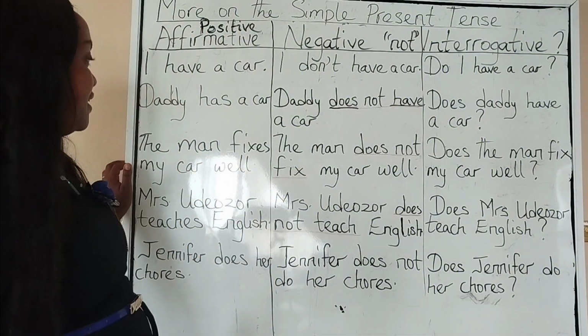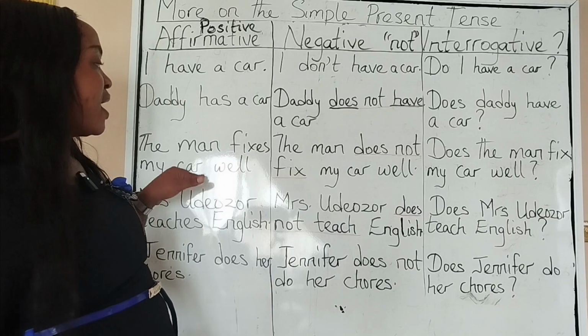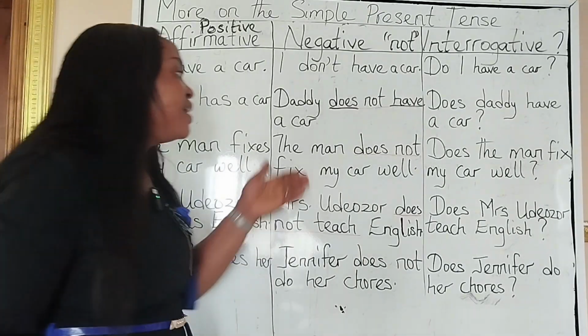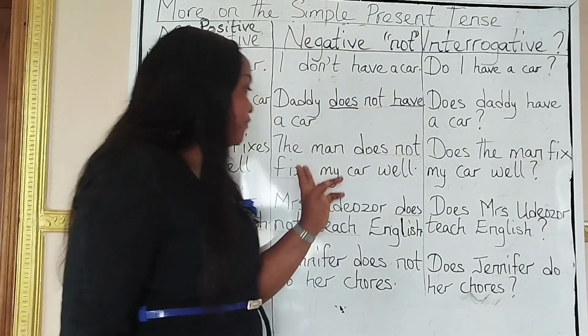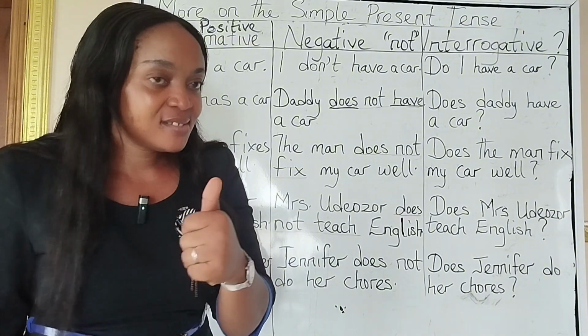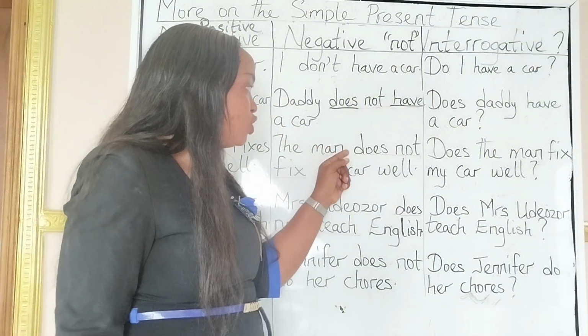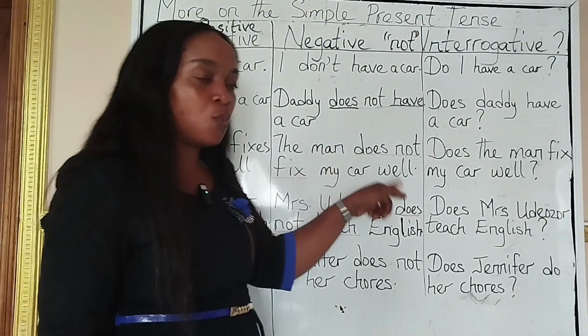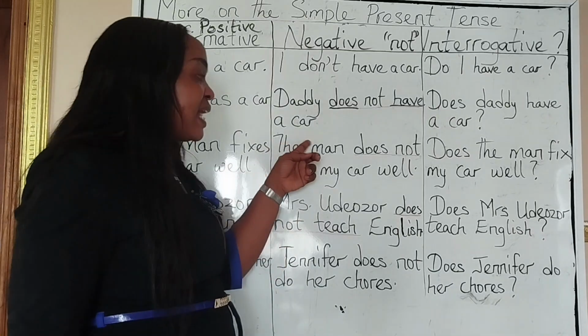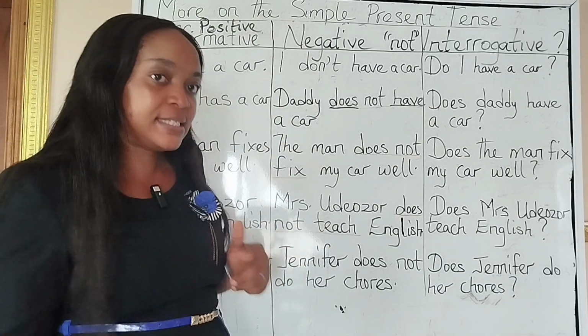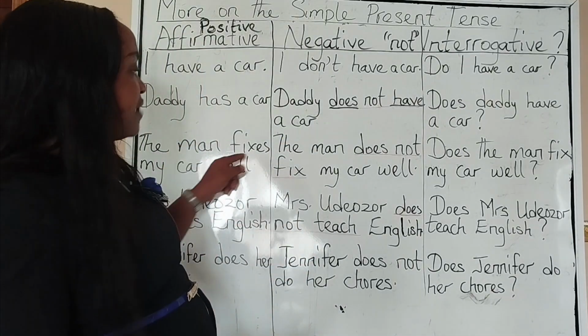Okay, number 3. The man fixes my car well. The man does not fix. The man does not fix my car well. You see, the man would have been he. He fixes. Just like here, the man fixes.